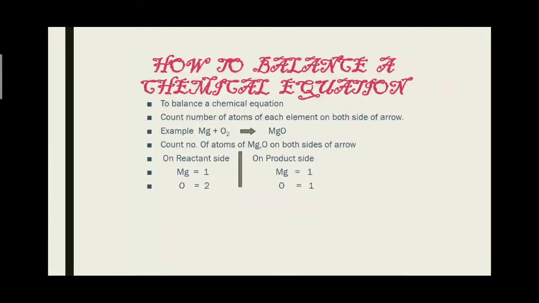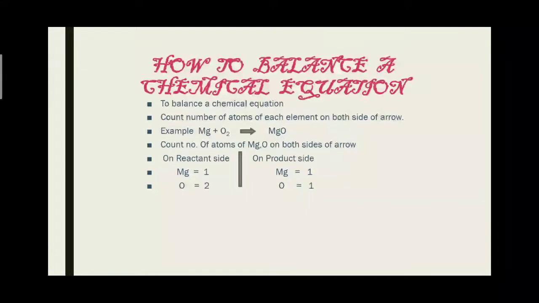To balance it, first let us consider the moles of the reactants and the products. On the reactant side, Mg is 1 mole. On the product side, Mg is again 1 mole. Means till now Mg is balanced.